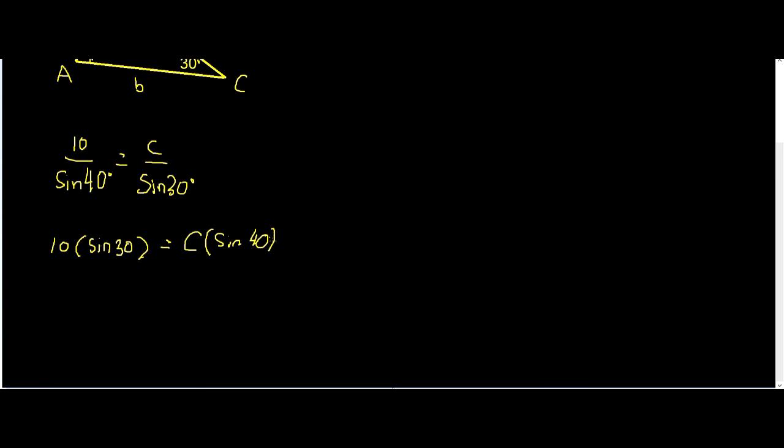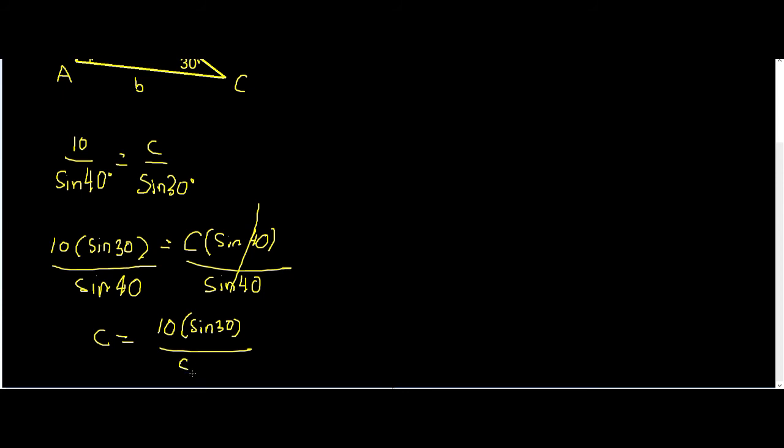Now, since we have to find the value of C, divide both sides by sine 40. Cancel. So you have now C is equal to 10 times sine 30 over sine 40.